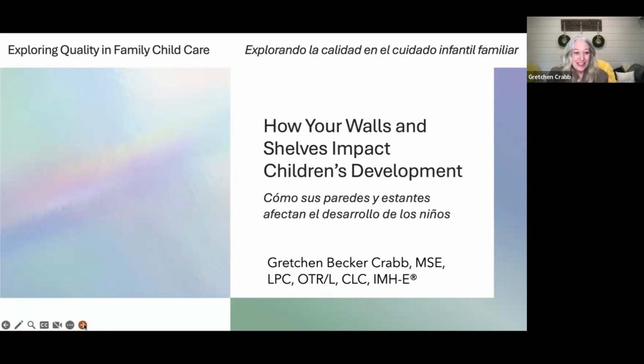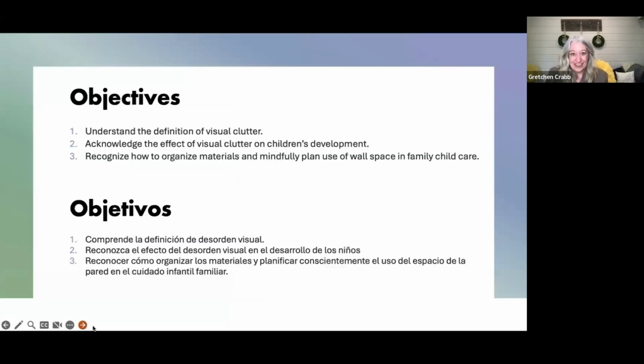And what we're going to be doing today is talking about visual processing. We're going to be talking about visual environments and how that impacts child development, as well as a lot of different strategies that you can consider in your home. Some of our objectives today are to understand the definition of visual clutter. I'm going to add to that.